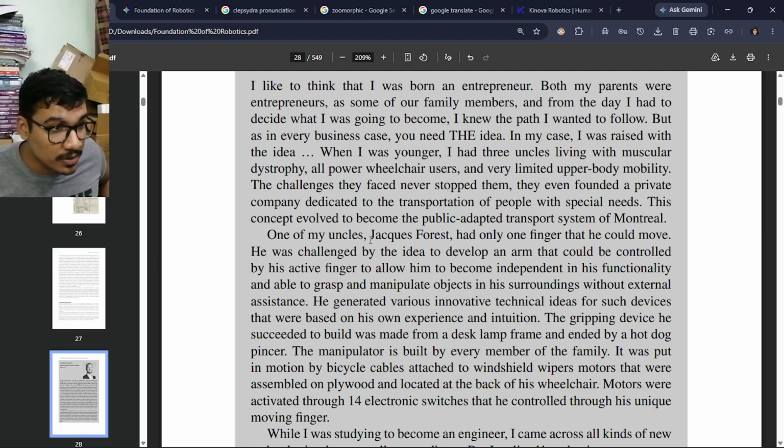One of my uncles, Jacques Forest, had only one finger that he could move. He was challenged by the idea to develop an arm that could be controlled by his active fingers to allow him to become independent in his functionality and able to grasp and manipulate objects in his surroundings without external assistance.